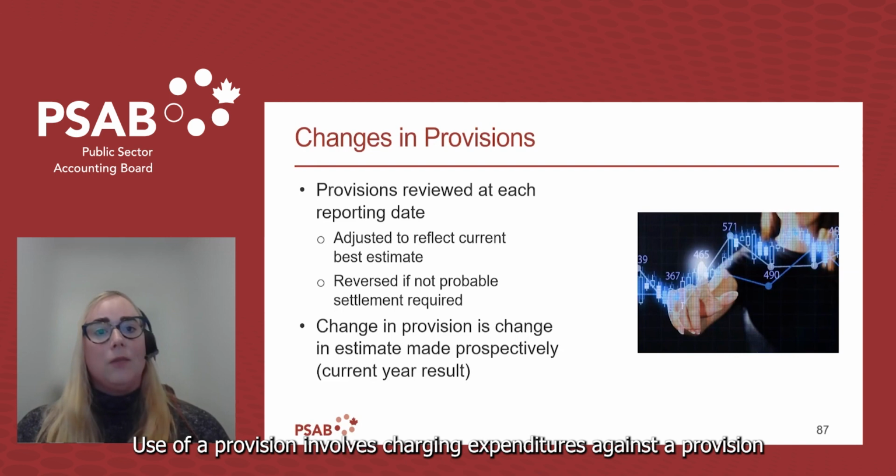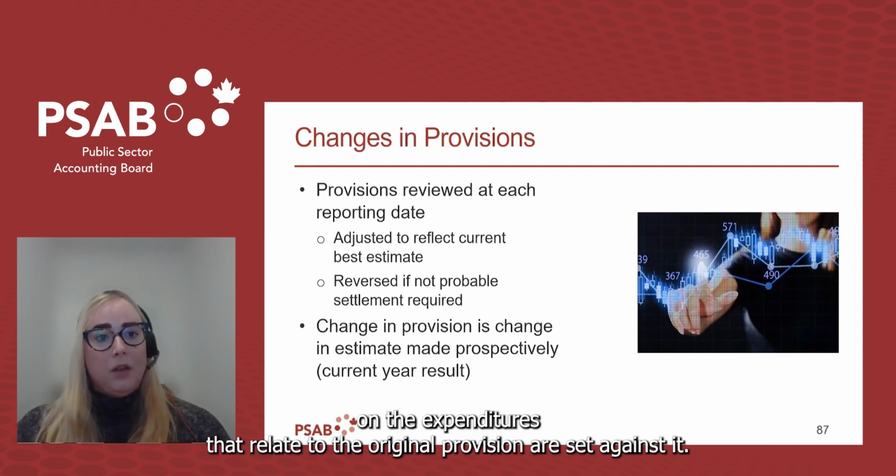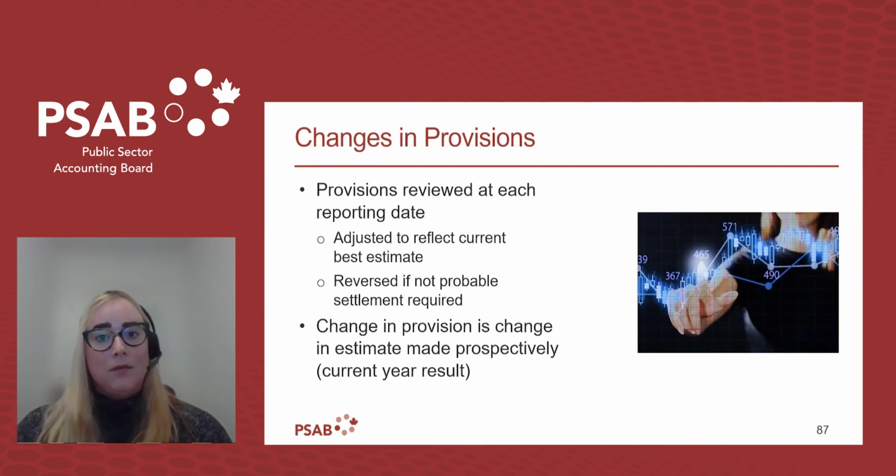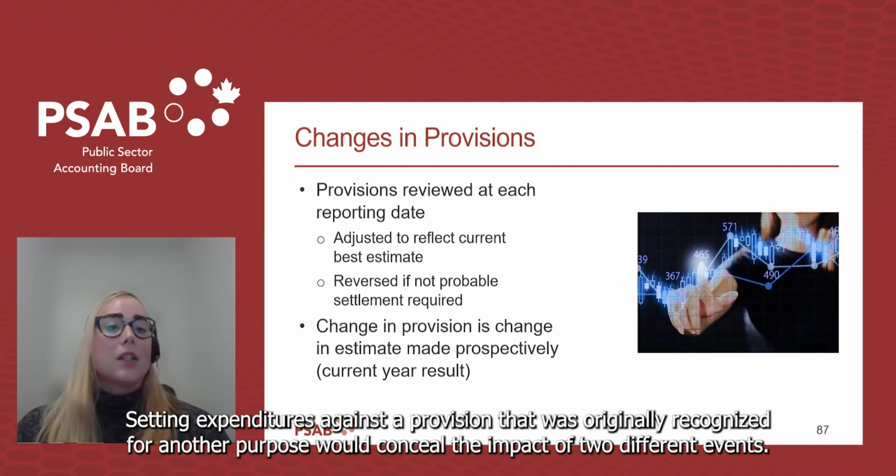Use of a provision involves charging expenditures against a provision. Only expenditures that relate to the original provision are set against it. Setting expenditures against a provision that was originally recognized for another purpose would conceal the impact of two different events.